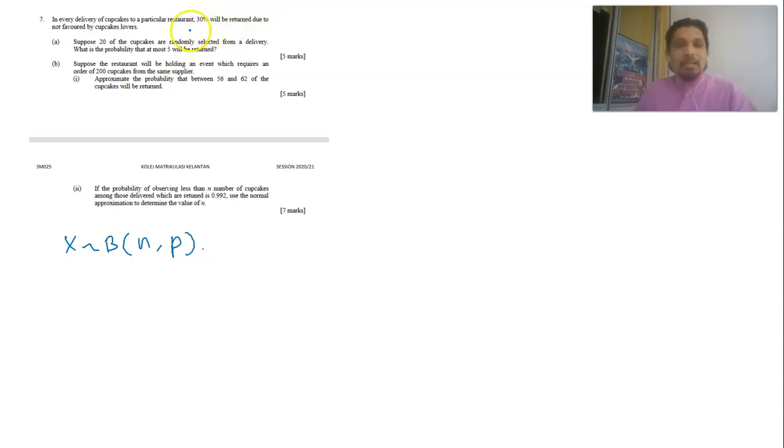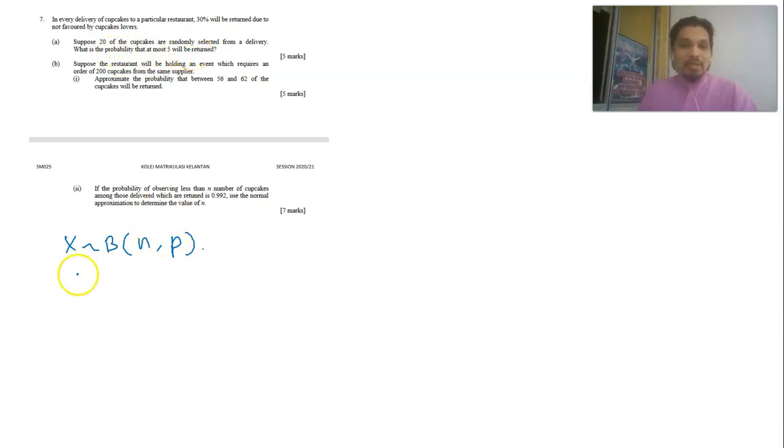But to the shop, we consider it a success because we can determine earlier the 30% which is not favored. So suppose the cupcakes are randomly selected from the delivery, what is the probability that at most 5 will be returned?